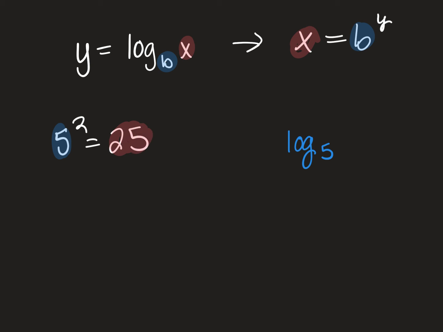So in this case, it's going to be log base 5 of 25, and it's going to be equal to the exponent. So it's just a matter of plugging the right numbers in the right places.